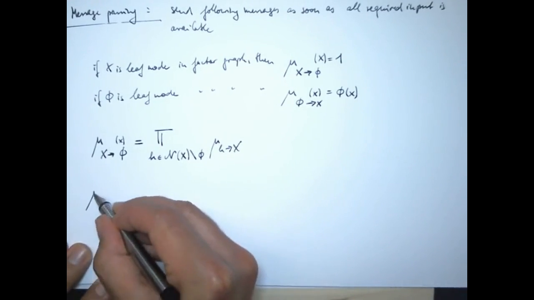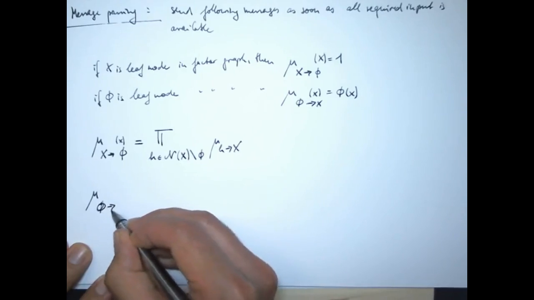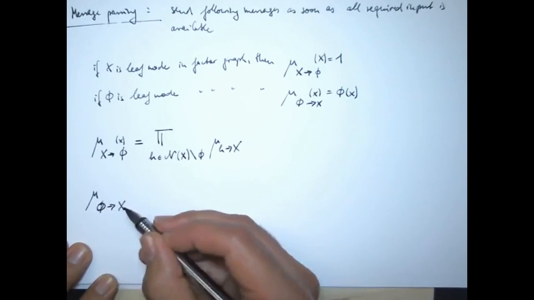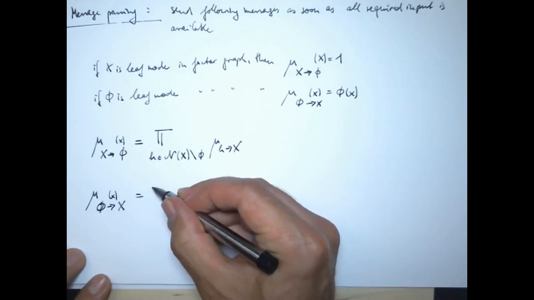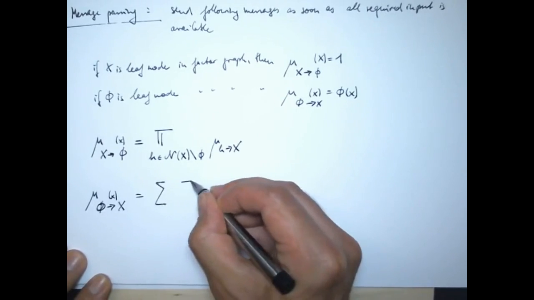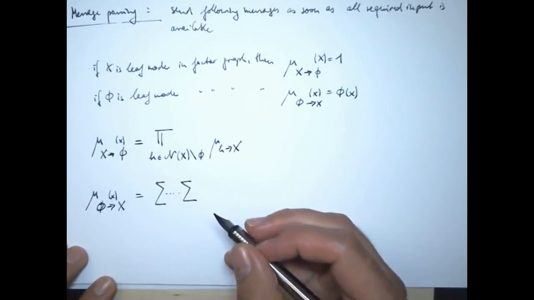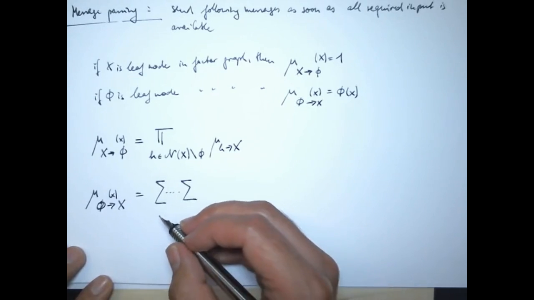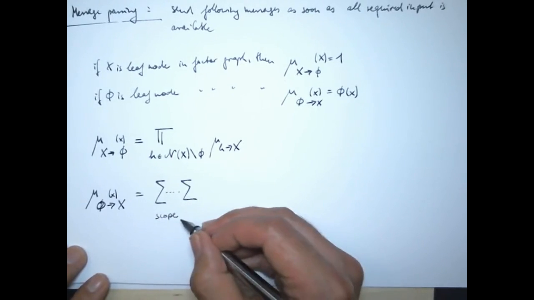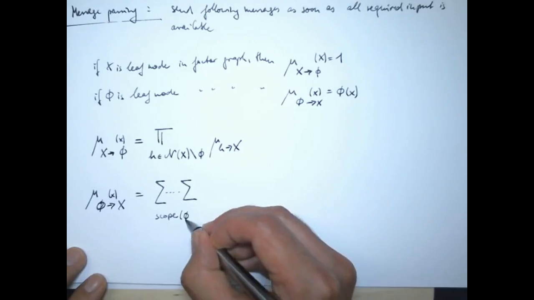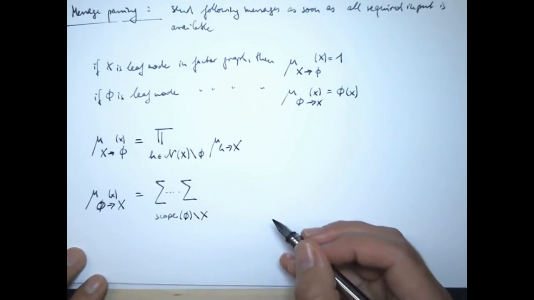And then we send messages from factors to variables. Message from factor phi to variable x. And here we see again the structure of the sum product algorithm. So here we have a summation or multiple summations, which run over all the variables that are in the scope of the factor, except for the variable x to which we're sending a message.